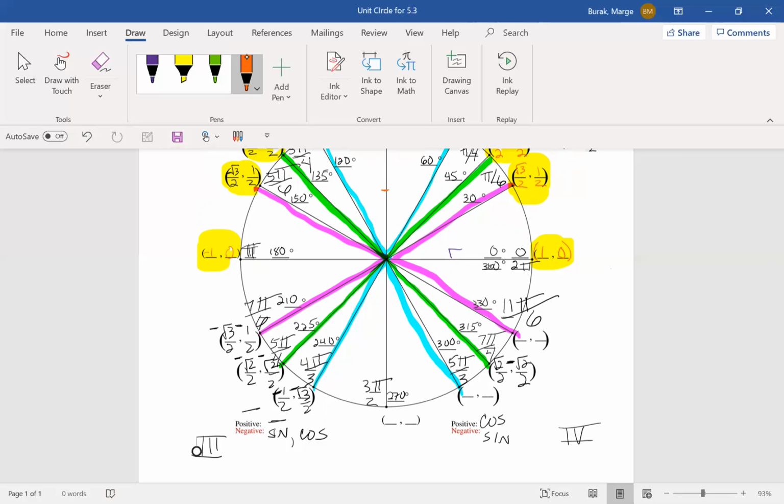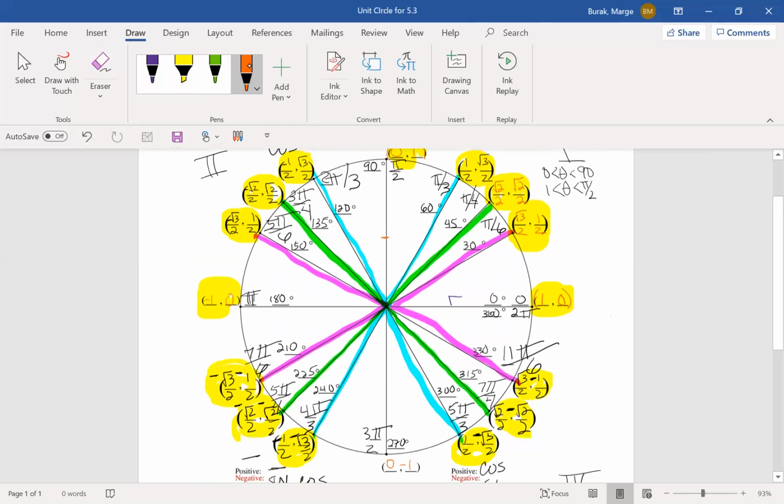Then this one is the square root of 3 over 2 and 1/2, where the 1/2 is negative, and this one is the 1/2 and the square root of 3 over 2, where the square root of 3 over 2 is negative. Okay, so let's see, we've got 1, 2, 3, 4, 5. So we have all of these, and this is (0, -1). Now we have our unit circle pretty much complete.